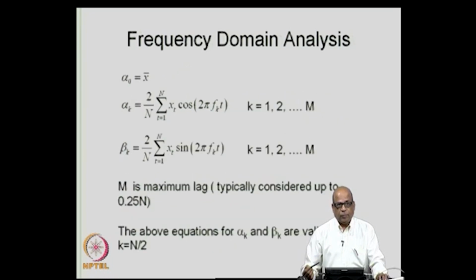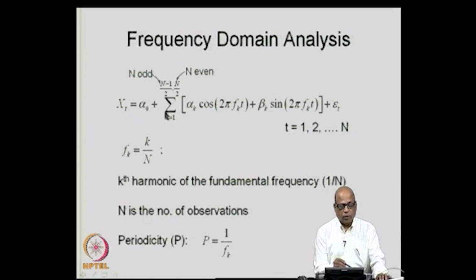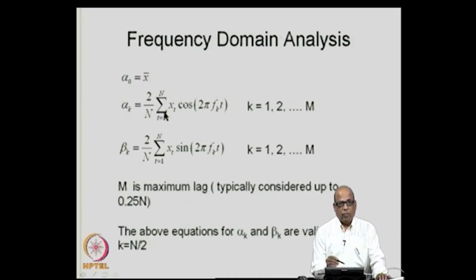In this expression we determine alpha naught, which was a constant here, by simply the estimate of the mean, which is x bar, and alpha k we determine by this expression: 2 by n, summation t is equal to 1 to n, x t cos 2 pi f k t.